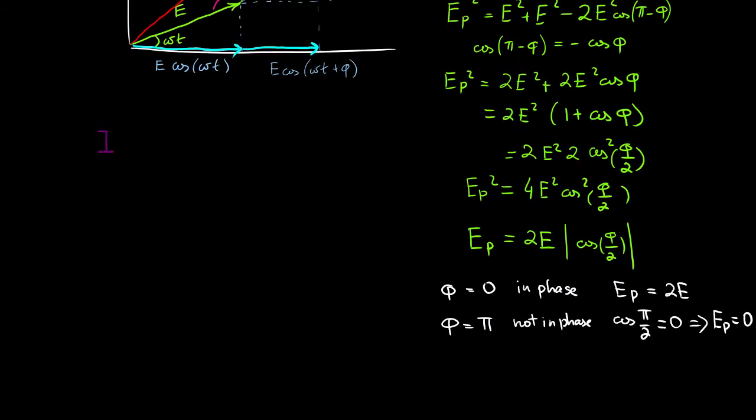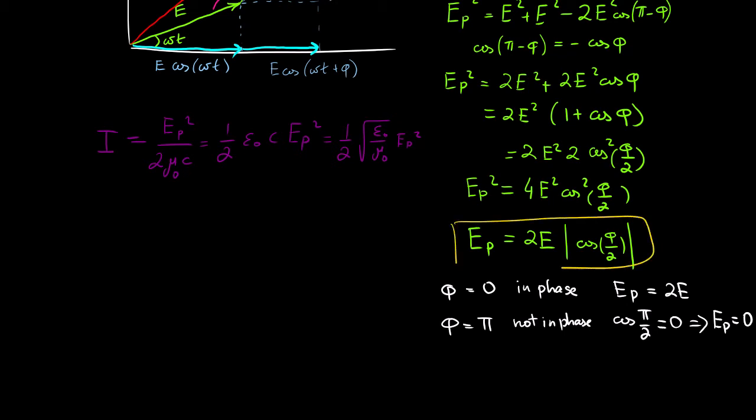So intensity equals EP squared over 2 mu naught C, or equals 1/2 epsilon naught C EP squared, or equals 1/2 square root of epsilon naught over mu naught EP squared.